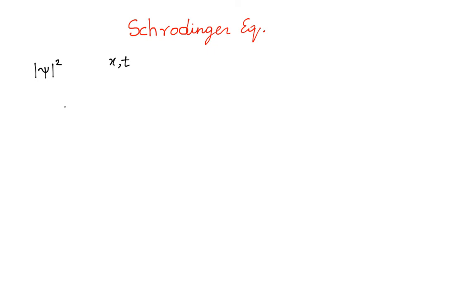This problem was handled by Schrodinger, and using an analogy between mechanics and optics, he came up with an equation which is written like this: i h bar partial derivative del over del t of psi, let's write psi as a function of x and t, equals minus h squared over 2m.